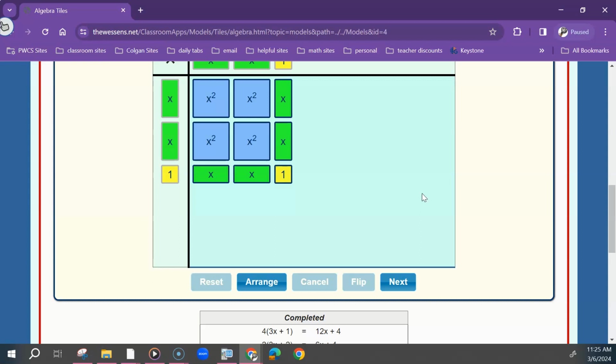In the 2 examples we just did, we didn't have any with 0 pairs where we had negatives and positives. We would bring those together, cancel them out, see what's left.